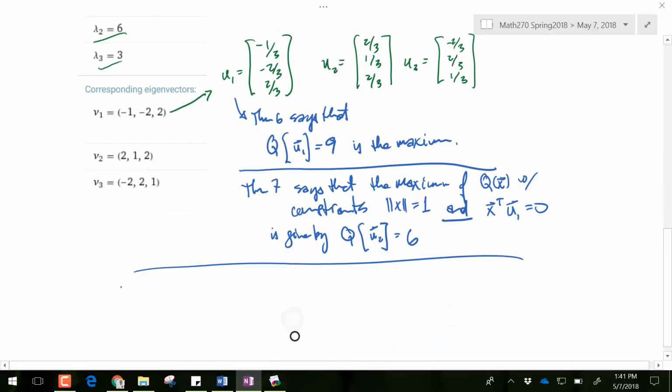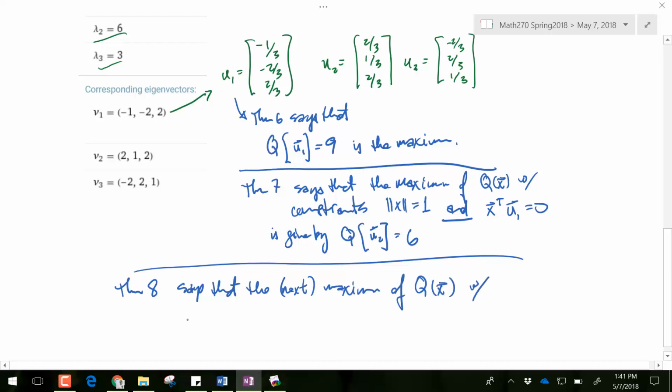And then Theorem 8 says that the maximum, I'll put next in parentheses, of the quadratic form Q with constraints.